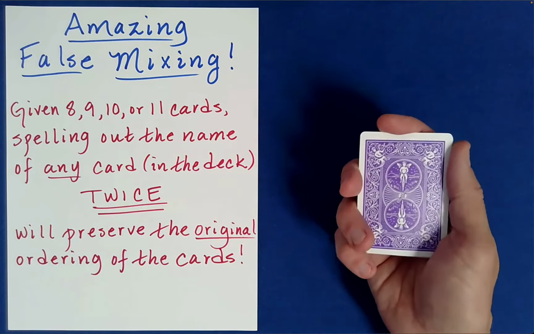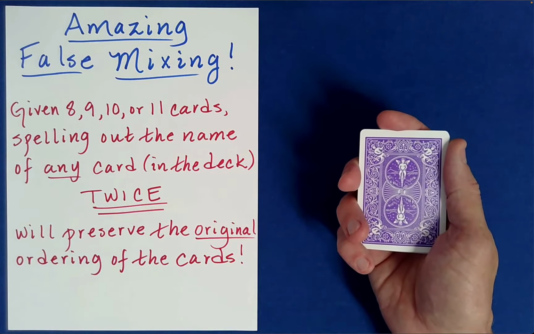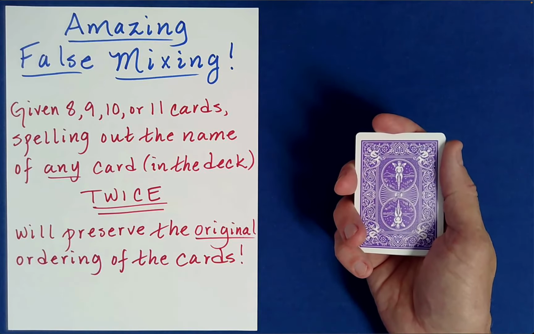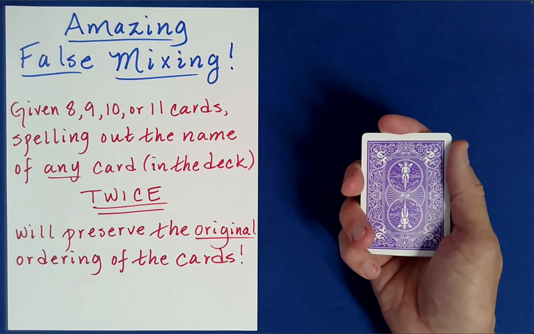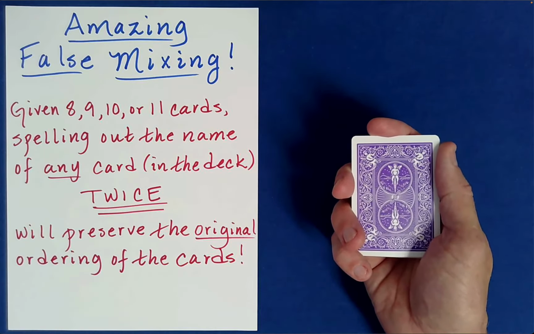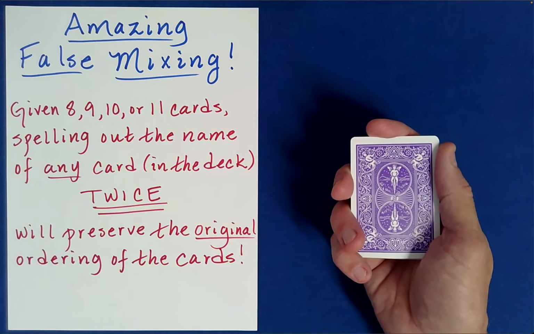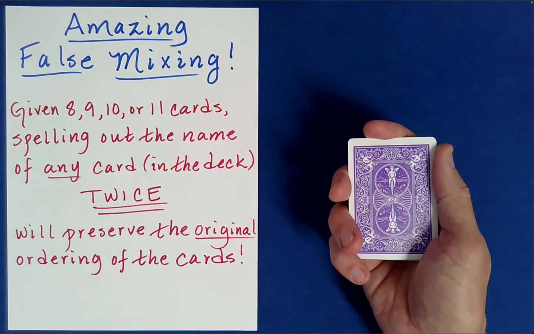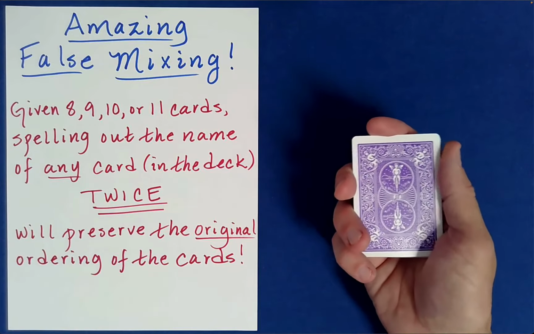Now, the reason it works, if you want to go to the linked videos in the description below, it will take you to my Hidden Structures Bootcamp series, in which we talk about the idea of hypercoding. And it ends up that 2 identical hypercodings of a packet of cards returns it to its original order. So we're using that property here.